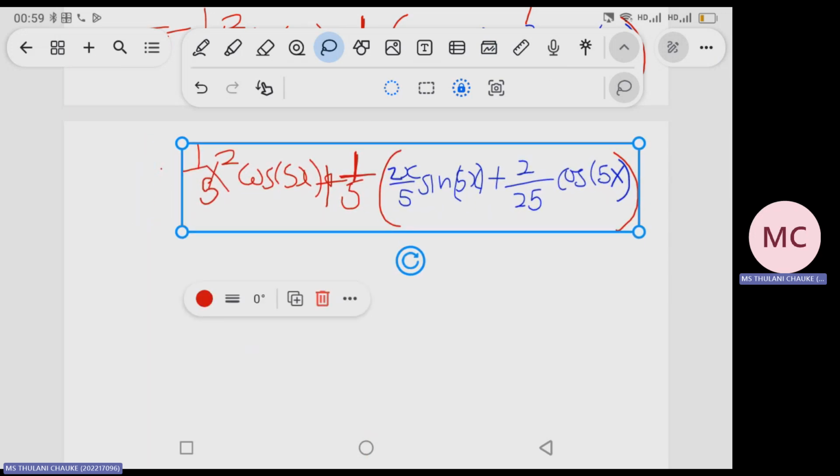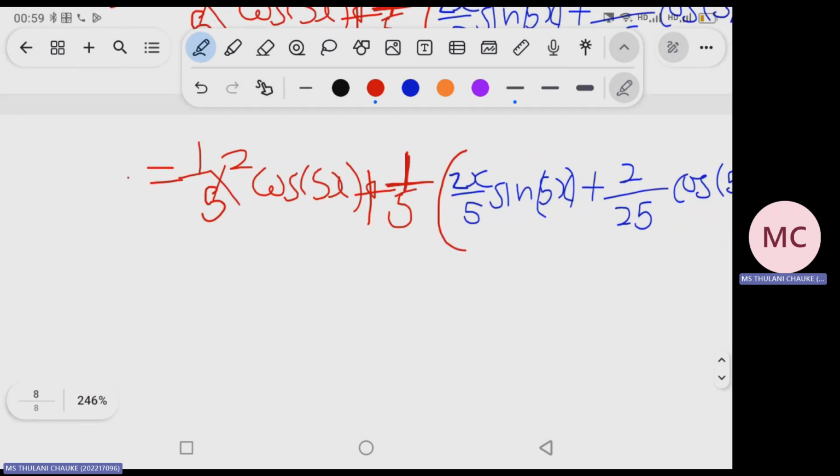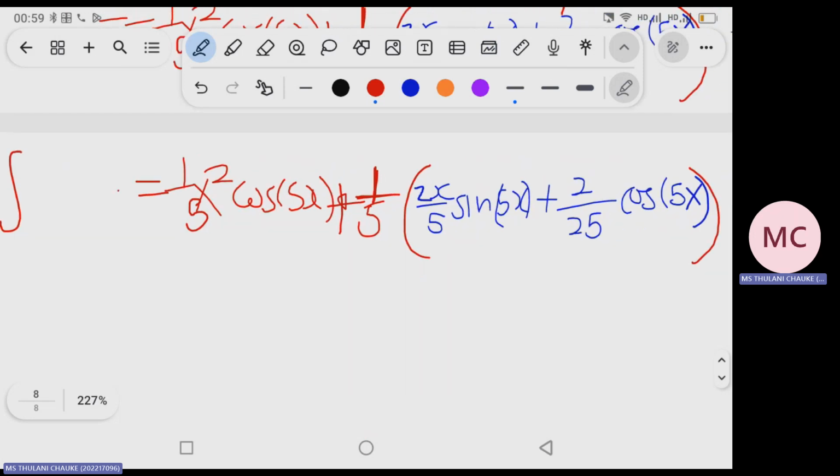So the only thing left is for us to simplify this part. You know that everything here is equal to the integral of x squared sine 5x dx.